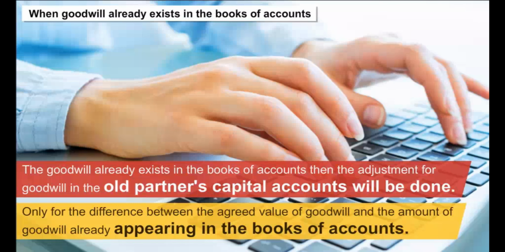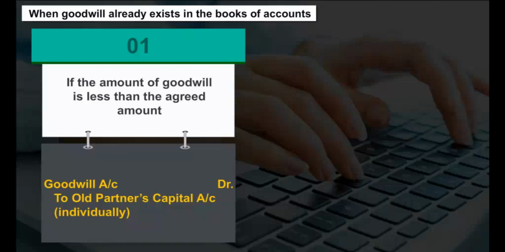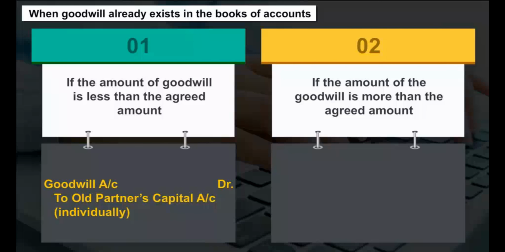There may be two conditions of journal entry. If the amount of goodwill is less than the agreed amount, goodwill account debit to old partners' capital accounts. If the amount of the goodwill is more than the agreed amount, old partners' capital accounts debit to goodwill account.